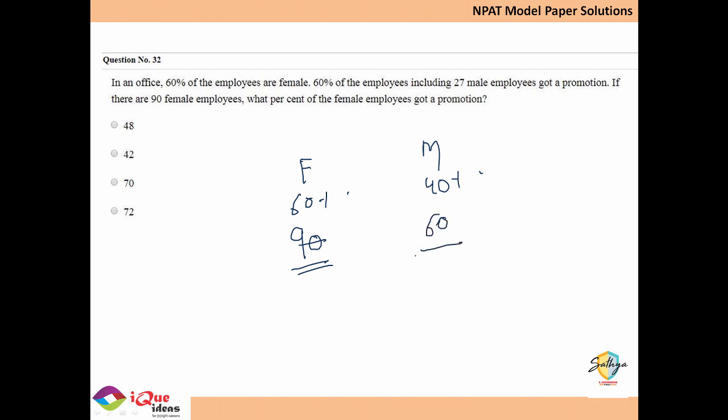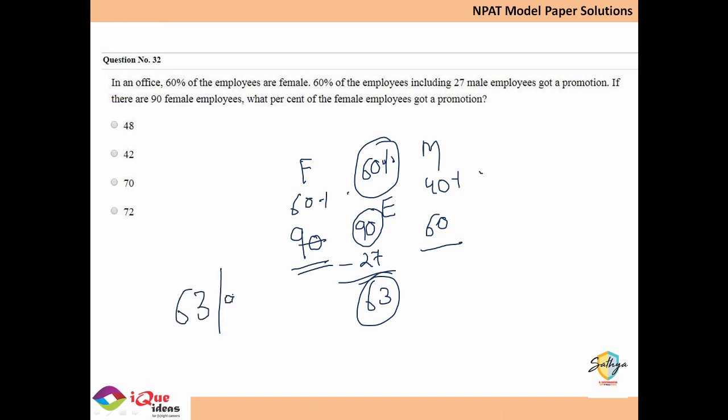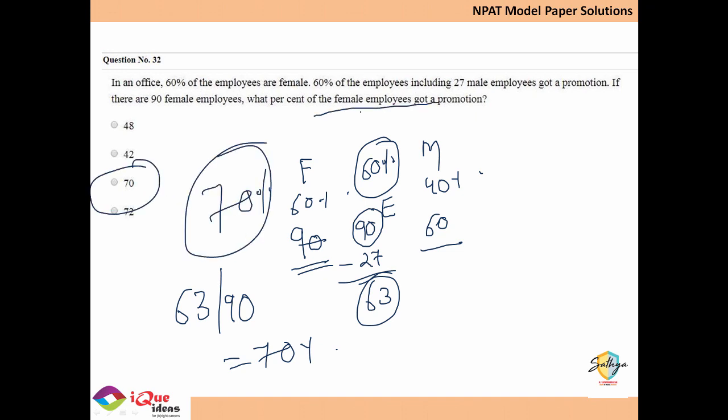Now, 60% of the employees got a promotion. So that means a total of 90 employees got a promotion, out of which 27 who got a promotion were males. So the remaining 63 are females. So 63 out of 90 is equal to 70%. So the answer is 70% of the female employees got a promotion.